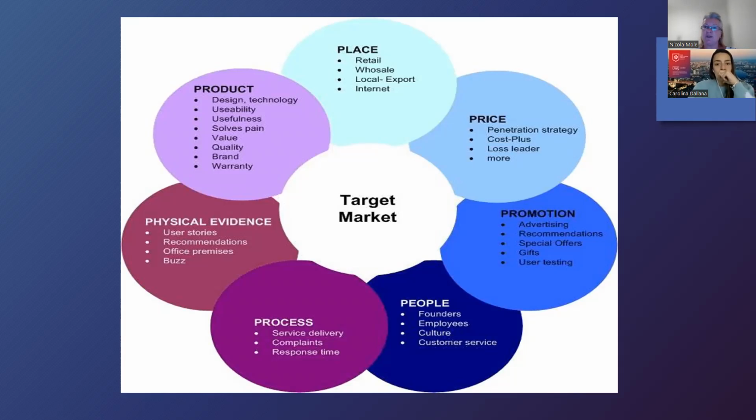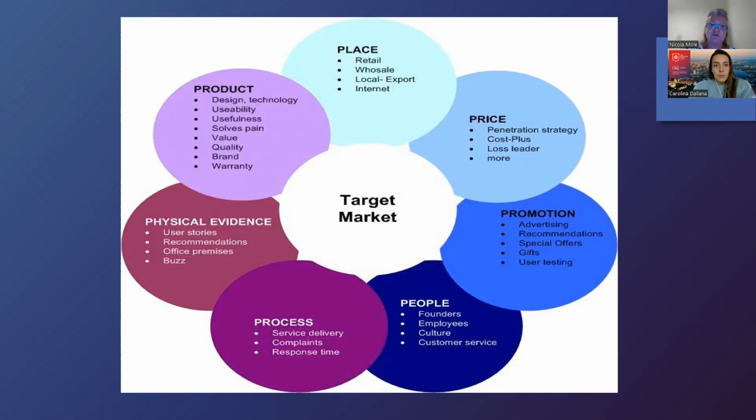Do we tell them that we'll fix it in a few days and not really worry about it? Or do we give them a guaranteed fix time? Do we give them a guarantee with the product? That also links in with response time. The more you service your customers, the more you help your customers, the more you will be remembered as a business. Physical evidence, user stories.